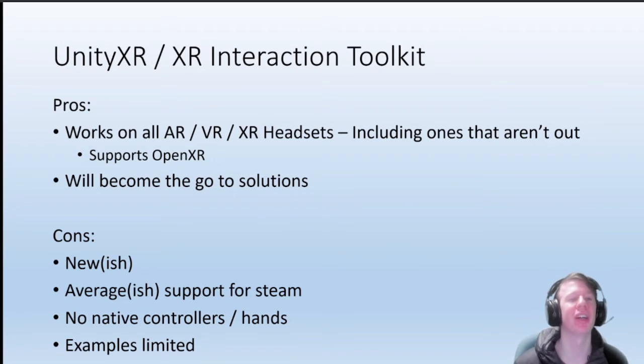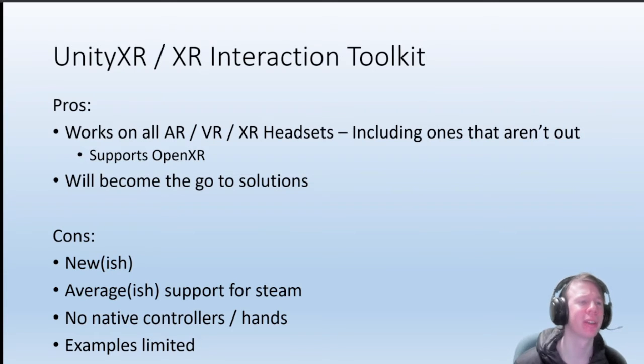Steam's working on making a native layer into it, but I've been using it for all my development, and it's really good. The only problem with it is it's pretty bare bones. It just gives you input, tracked controllers, and a headset. It doesn't have native VR hands. It doesn't have guns if you want to make a shooting game.